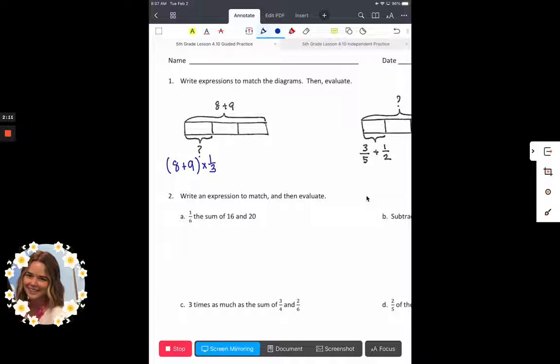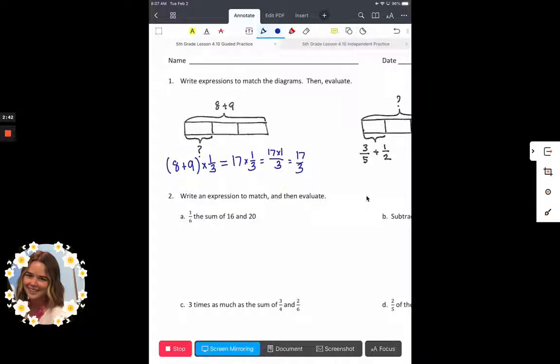So now we're going to evaluate. That means we're going to solve. We're going to start with our 8 plus 9. 8 plus 9 is equal to 17. And we keep that times 1/3 on the end. And then we can solve that in any way that we want to. I'm going to use the numbers. So this becomes 17 times 1 over 3, or 17/3.